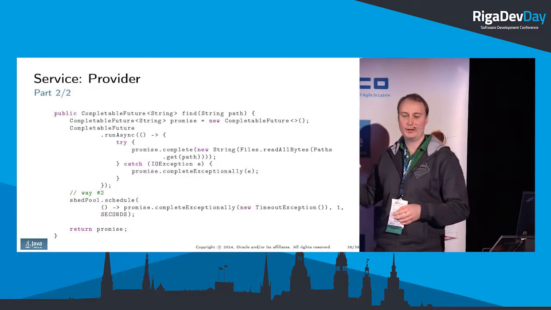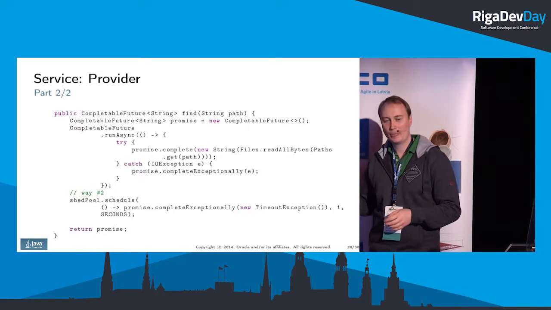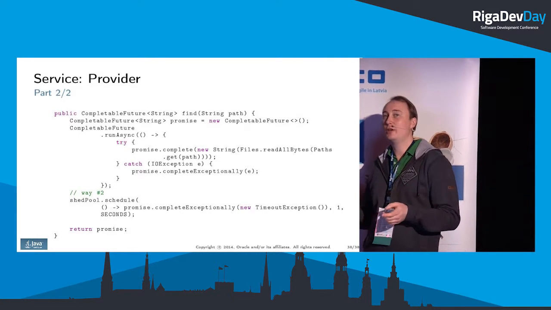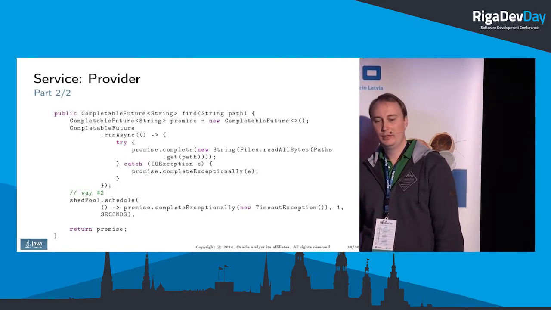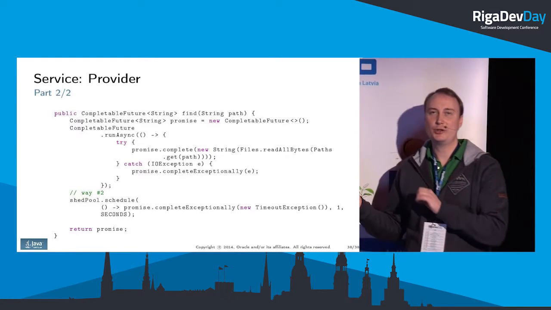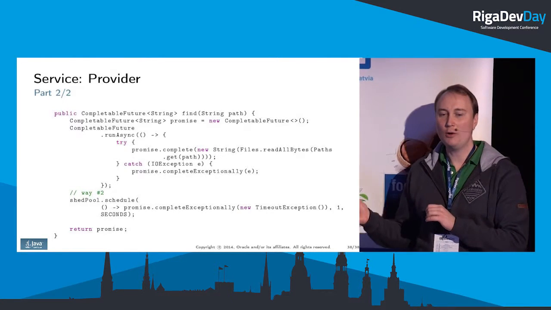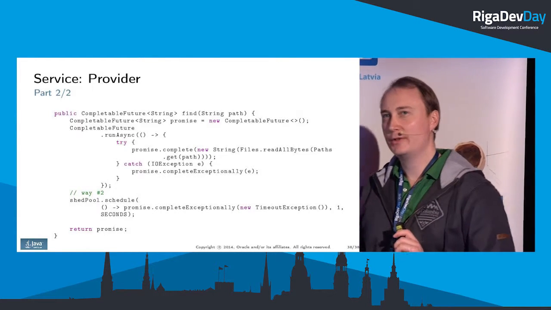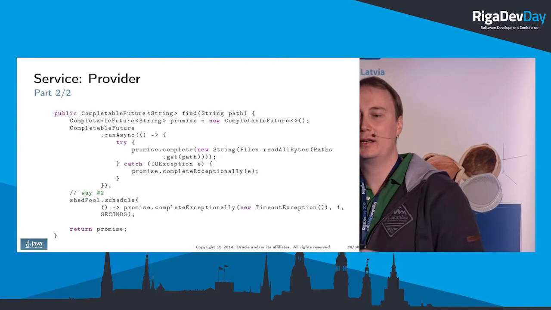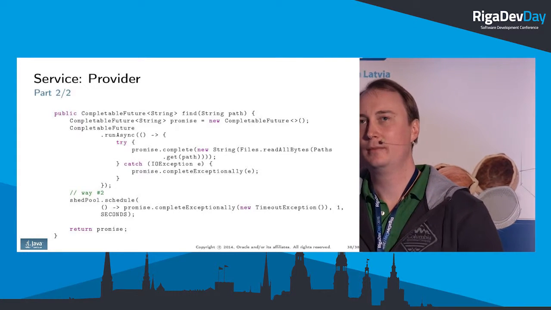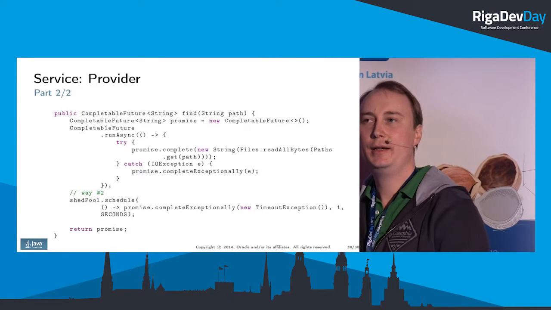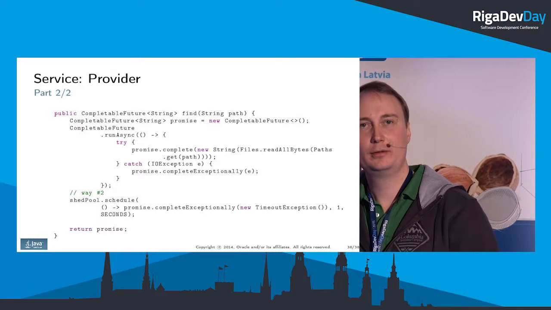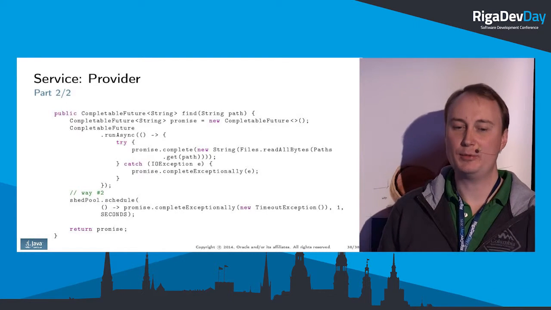In this case, it's file I/O. And also it catches any problems and completes exceptionally our promise. So supplier of our promise gets clean view of what happens. He gets a result or the original exception.